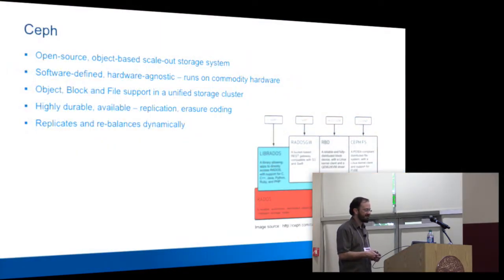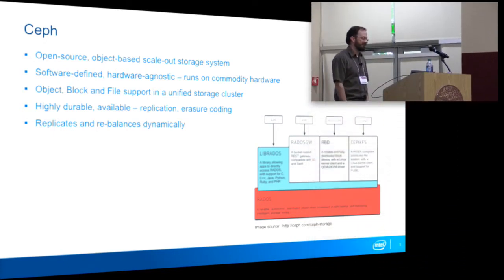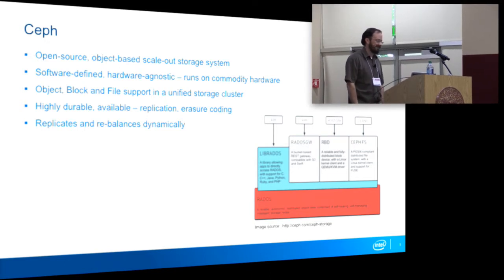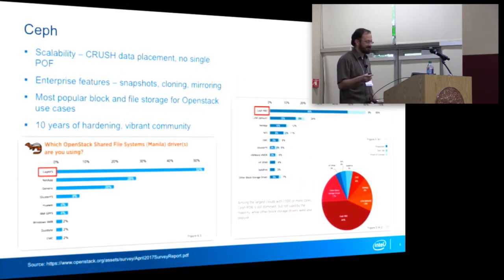So first, about Ceph. Ceph is open source. Probably everybody knows it. It's a distributed file system, very popular. It's hardware agnostic. It can do lots of different interfaces, block, file, and it's highly durable, available, and has lots of modern features: replication, erasure coding, and it replicates and rebalances dynamically. And that's why it's very popular.